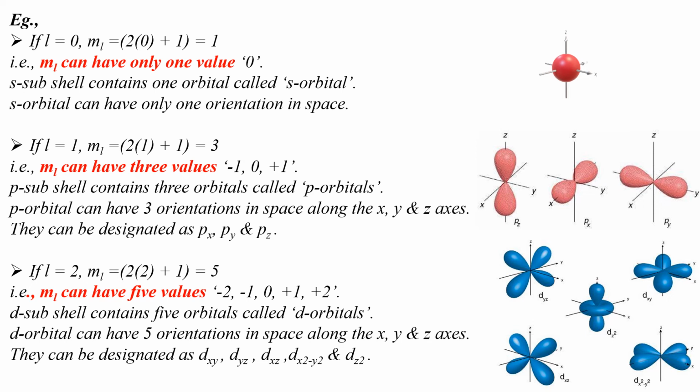So the d subshell contains 5 orbitals called d orbitals. The d orbitals can have 5 orientations in space. The picture shown tells you about the different d orbitals: dxy, dyz, dxz, dx square minus y square and dz square.